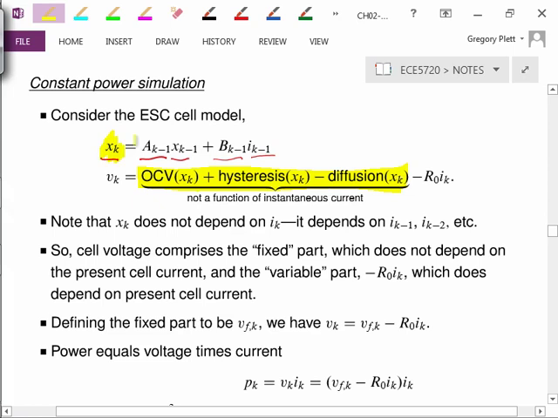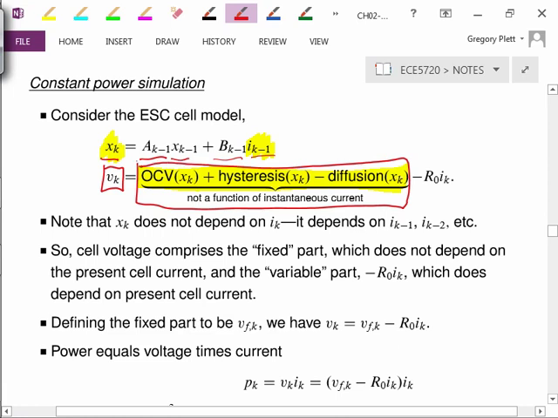And furthermore, X is not a function of the present current, the instantaneous current right now. It's a function of the previous current. So when I am looking at the present battery cell voltage, one part of it, in fact most of it, is not a function of the present current.